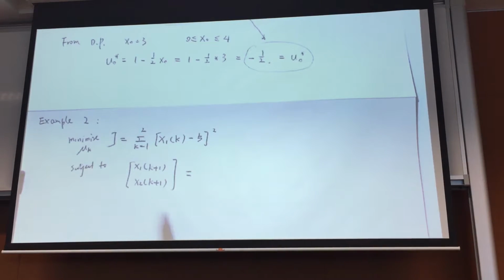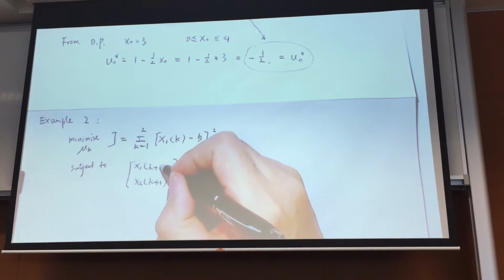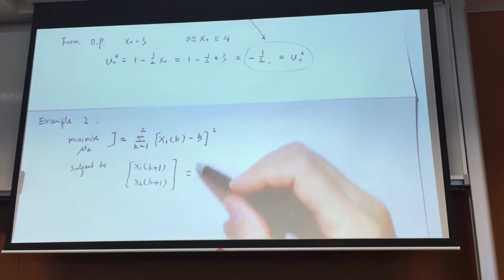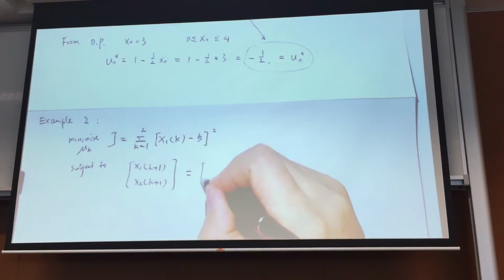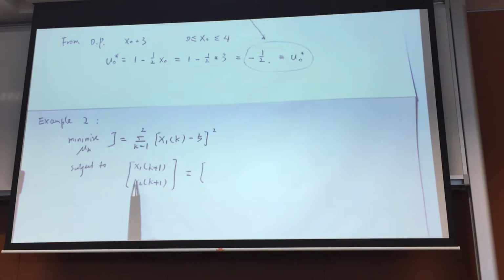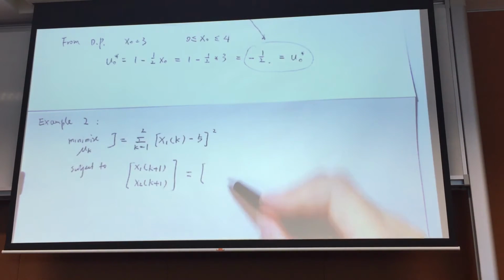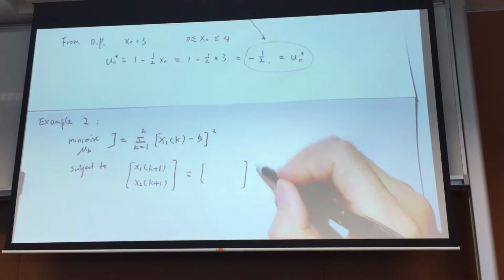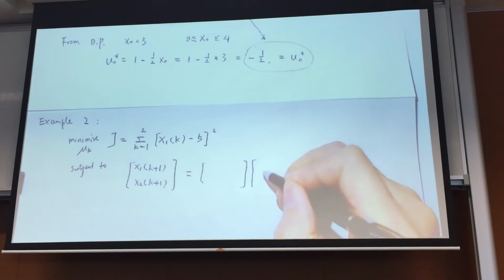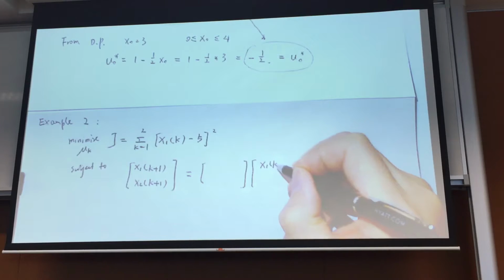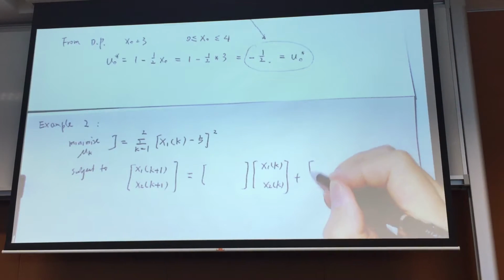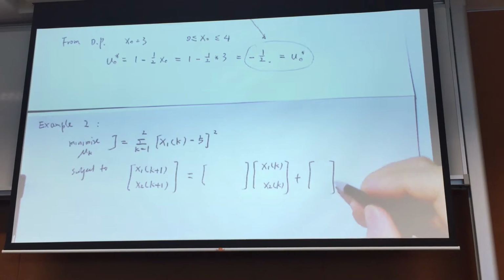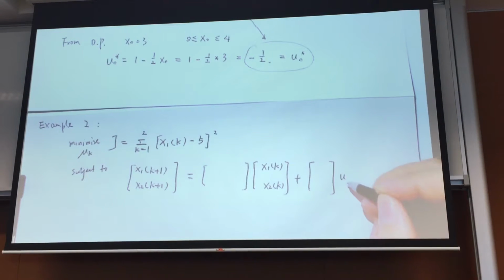You remember that in our previous examples, we can always derive a linear equation: x(k+1) equal to a matrix multiplied by xk, which is x1k, x2k, plus another vector multiplied by uk.